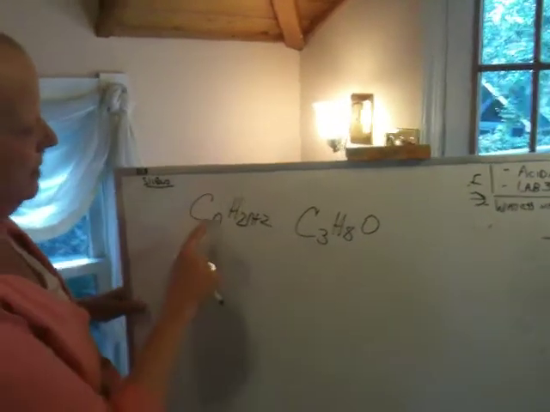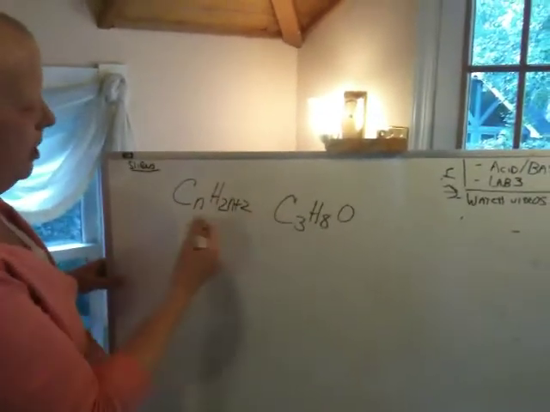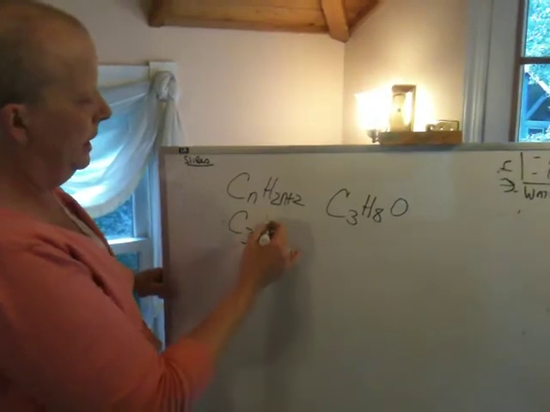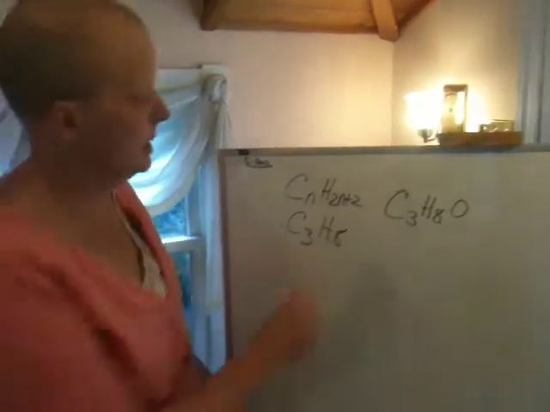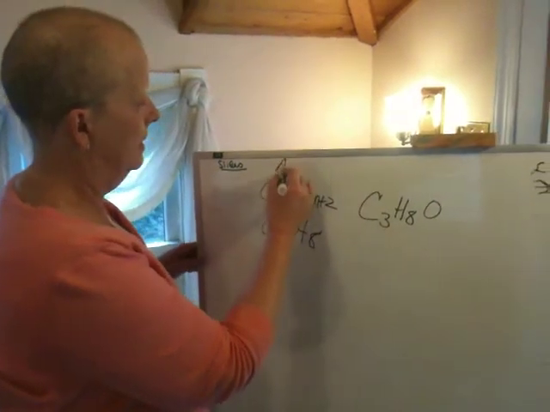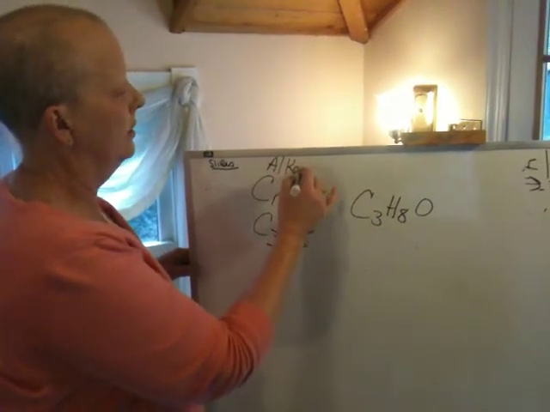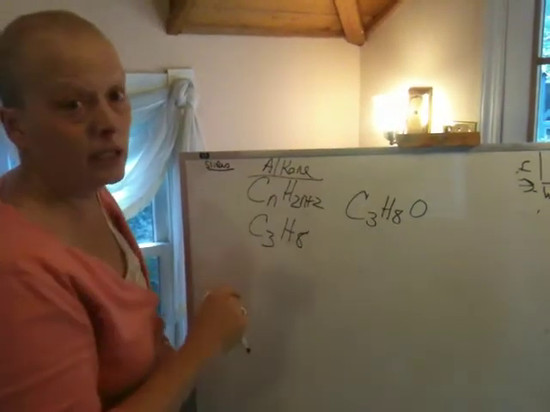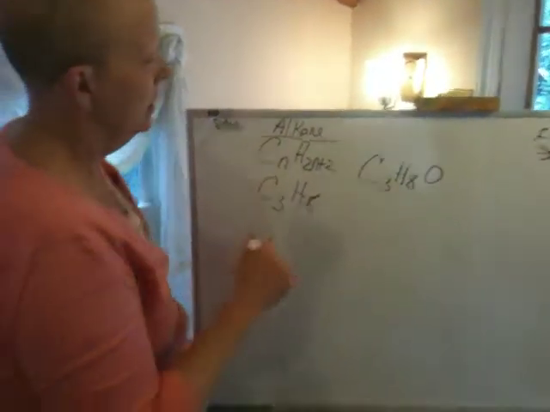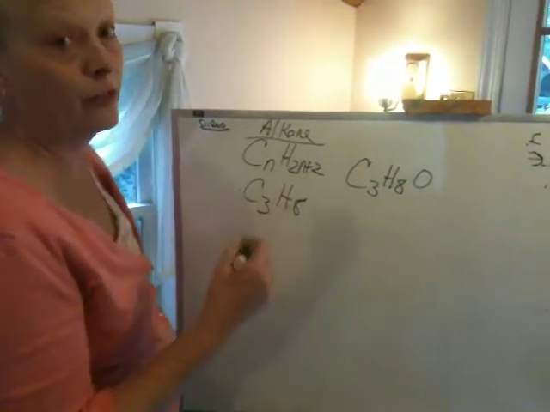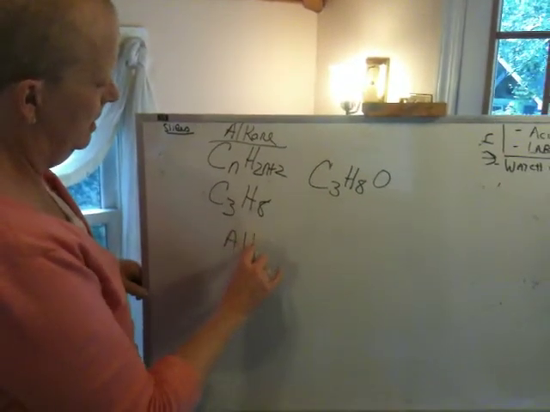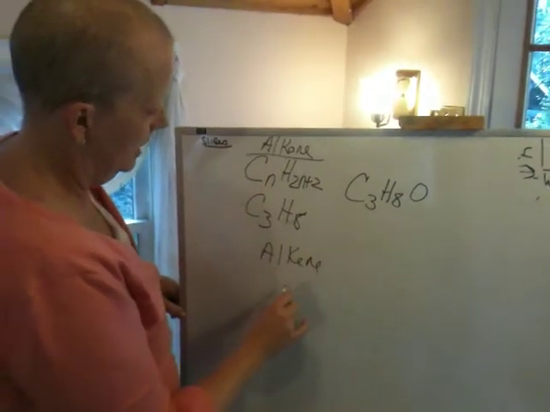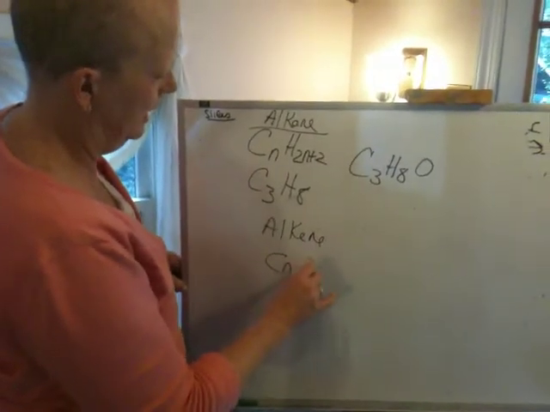So if I had a molecule that had 3 carbons in it, C3, it should be H8 if it has no double bonds, no rings, because that's the formula of an alkane. I have a video on this, and I'm going to send it to you, because I don't know that you've done it in class yet. And we're going to have to learn it in the next couple weeks. An alkene, for example, has the general formula CnH2n.